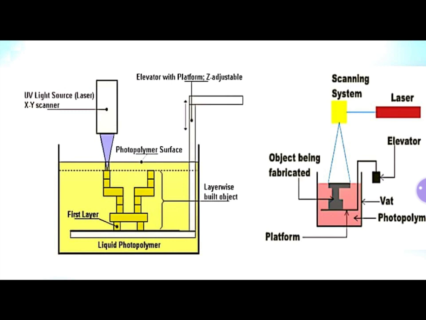When the UV light source comes into contact with this resin, the resin hardens when the laser hits the surface.